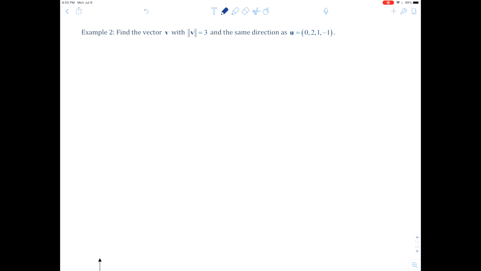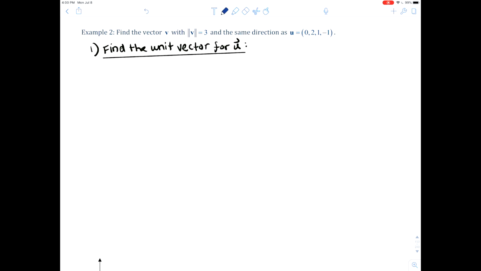Find the vector v with a magnitude of 3 in the same direction as u equals 0, 2, 1, negative 1. Okay? Well, what should we do? Maybe we should find the unit vector for u, because then we can multiply it by any number we want to give it what length we want, right? So we'll go ahead and do this.